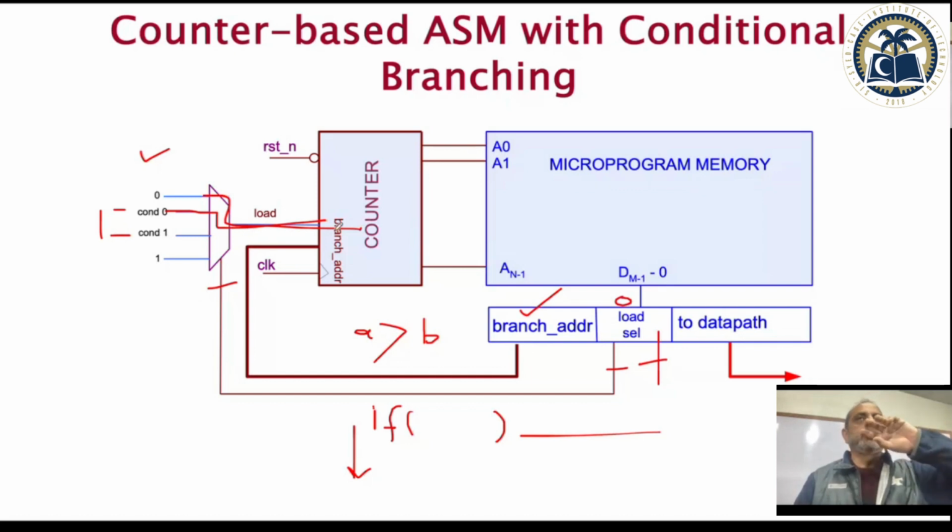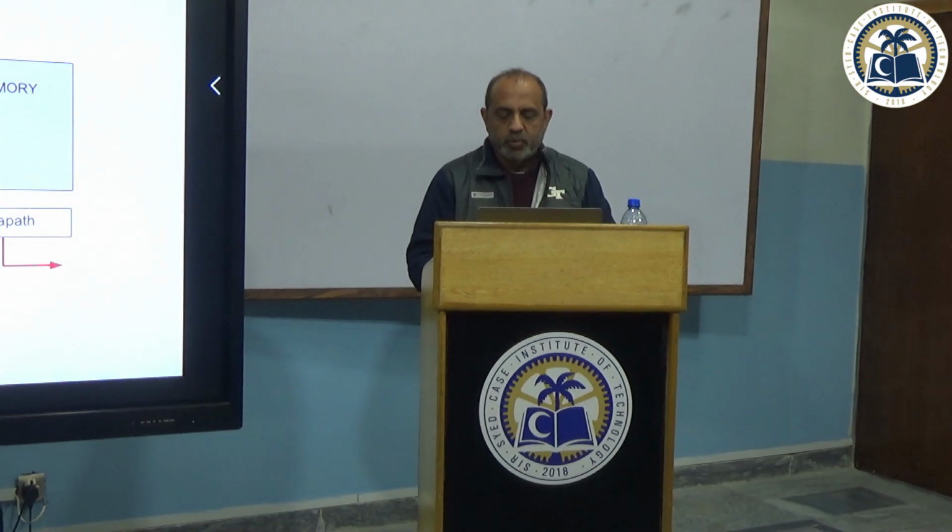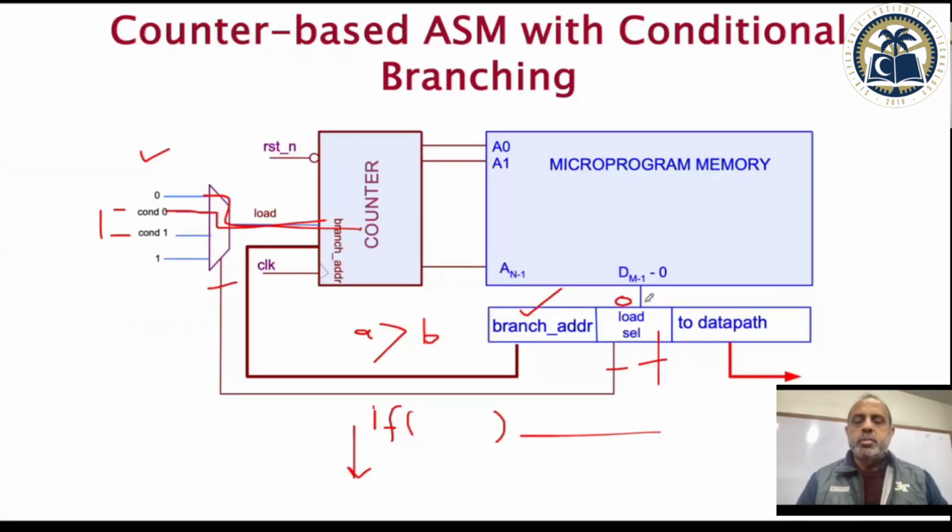Now you want to blindly jump somewhere. So there are 2 bits, 0 0, and you have to put 1 1. Once you put 1 1, this mux will select this one, so it is an unconditional jump. Whatever comes here in the branch address, it will load, and the counter will start going from there.